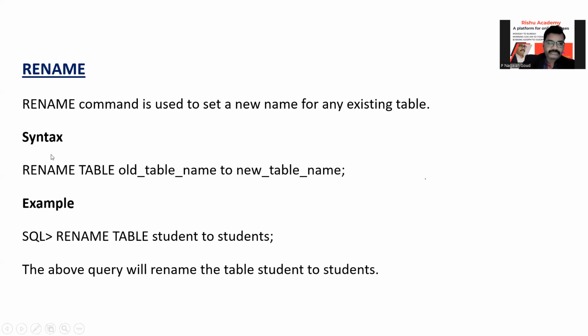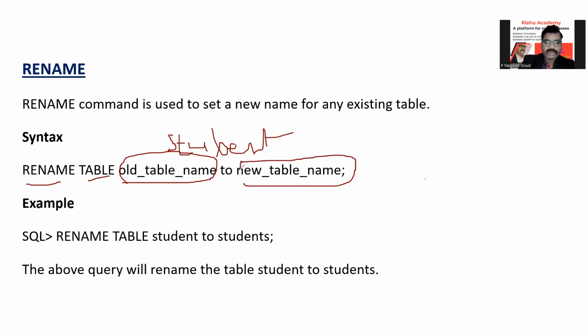For that, the general syntax is: rename is the keyword or command, table is the keyword, then old table name. For example, assume the old table name is student, and I want to rename it to become students.